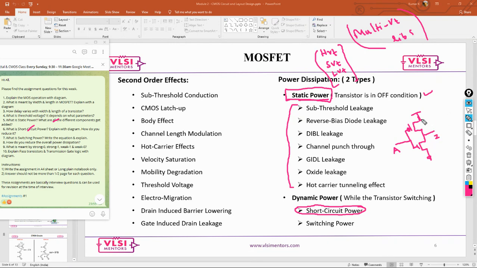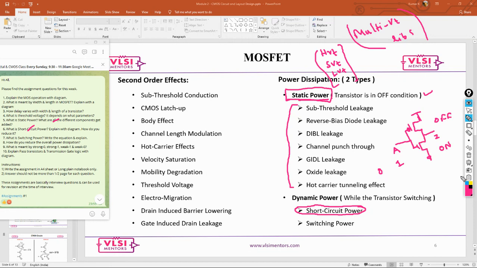Now usually both will not be on at the same time. This may be off, this may be on. Assuming A is 1, now say A is turning to 0.